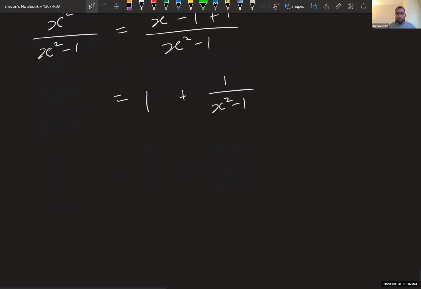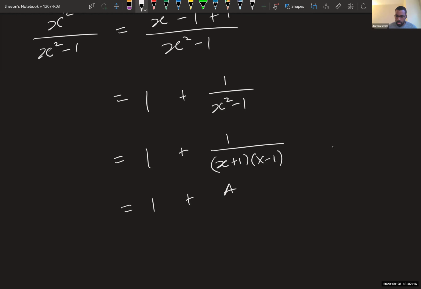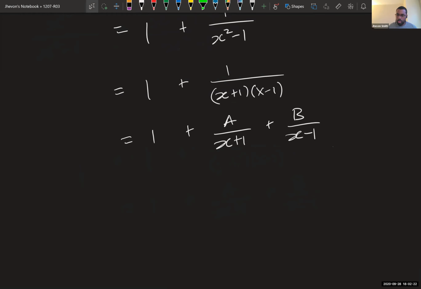Then from there, I separated that term into 1 over x plus 1 times x minus 1. And then I did the decomposition for that to get a over x plus 1 plus b over x minus 1. And then there I just used the cover-up method to find that a equals -1/2 and b equals 1/2.